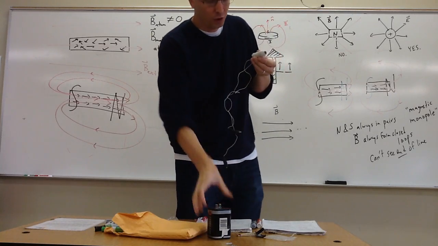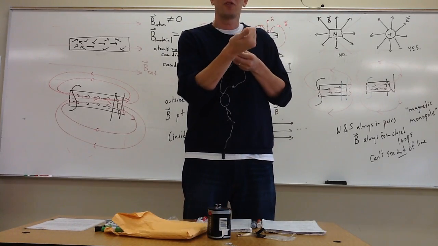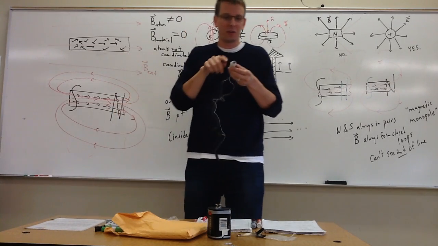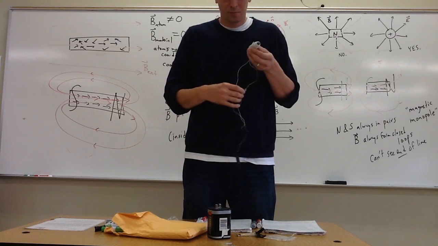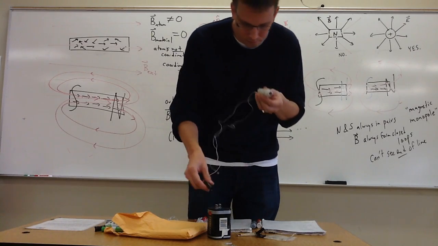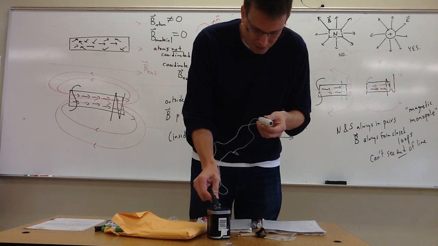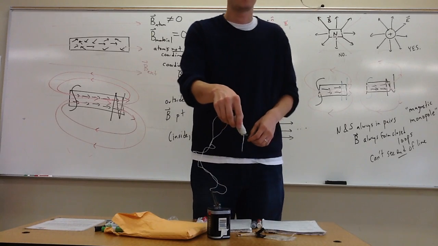Okay? So current's going to flow around like this. It's going to make a magnetic field through the core of the solenoid that goes like this, and that's going to align all of the things with a magnetic pole right here. So let's try it. Okay, so now I've magnetized this thing, and it becomes a magnet.